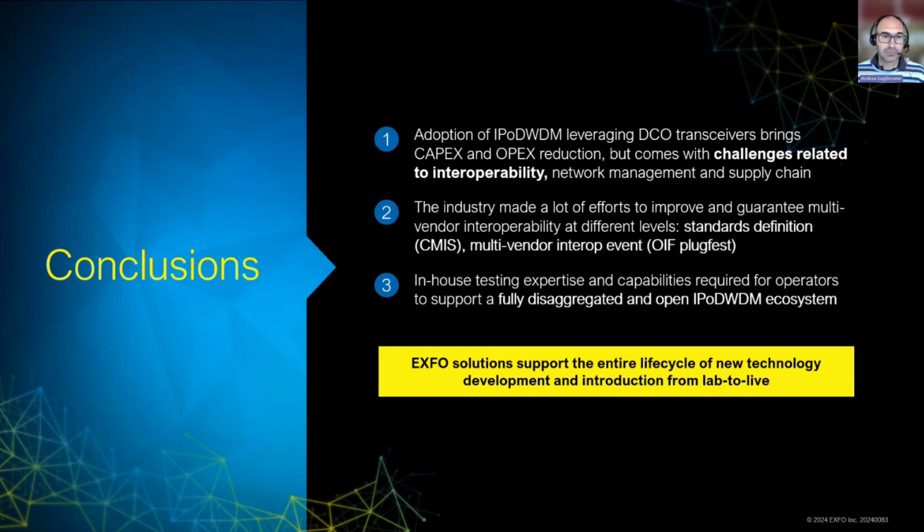In order to mitigate and address all these concerns, the industry has made a lot of efforts to improve and guarantee multi-vendor interoperability at different levels. I'm talking about standards definition, for example, CMIS, multi-vendor interop events, and I'm talking, for example, about what we presented of the OIF FlagFest.